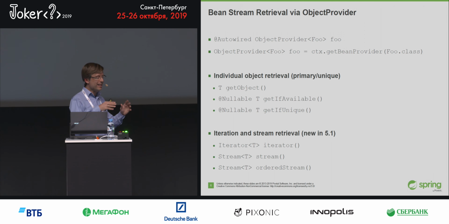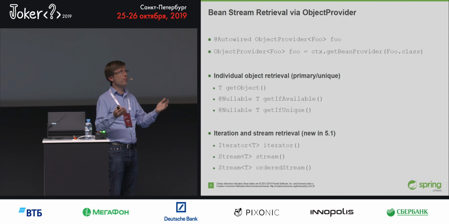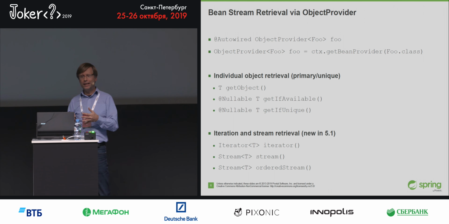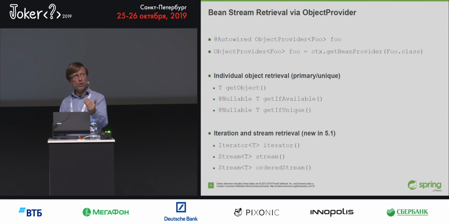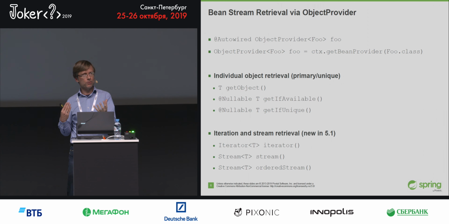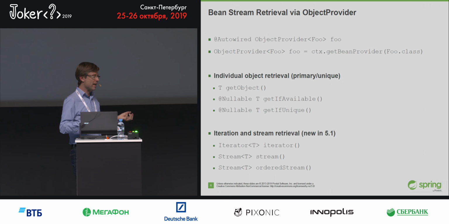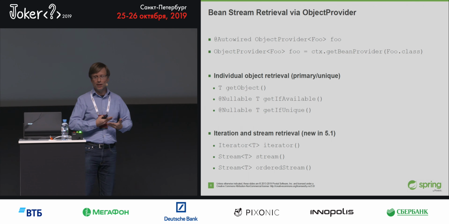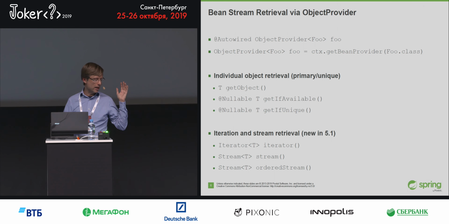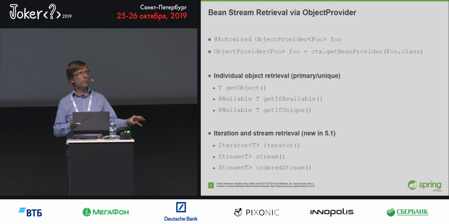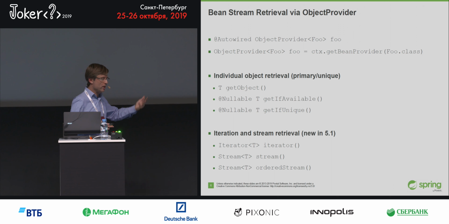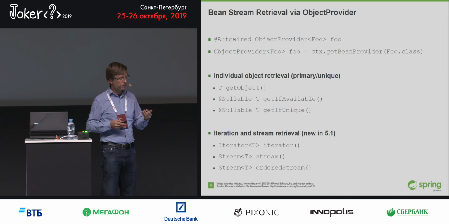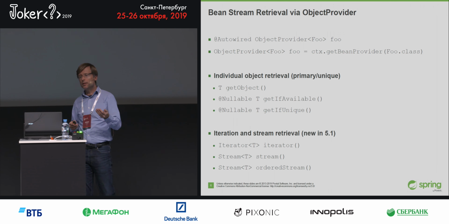You could do List of Foo or Set of Foo. We still support it. We used to support it before. It's still there. But this is actually more expressive and semantically clearer. If you say an indirect handle to Foo, and yes, I'm willing to iterate over several matching instances, there's a classic iterator method on ObjectProvider now for potentially more than one matching bean instance in the container.